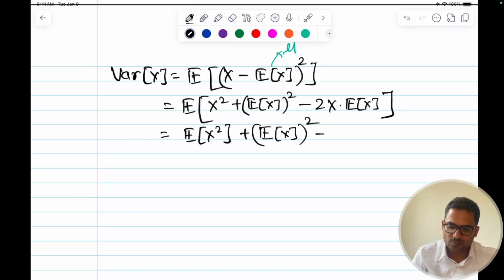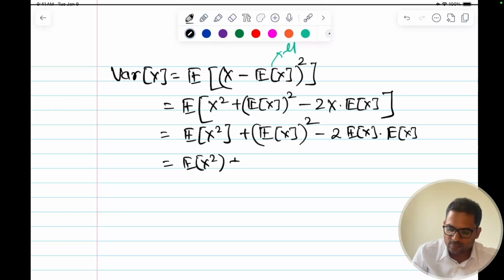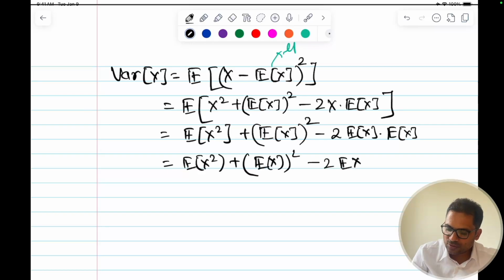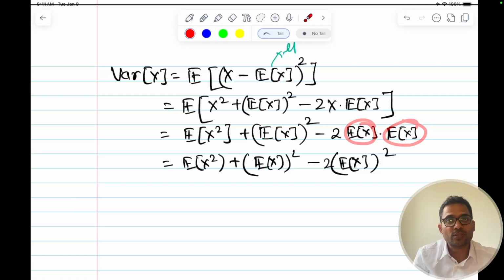Minus 2 into expectation of x into expectation of x. So this is equal to expectation of x square plus expectation of x whole square, minus 2 times expectation of x whole square, because both expectation of x are same.